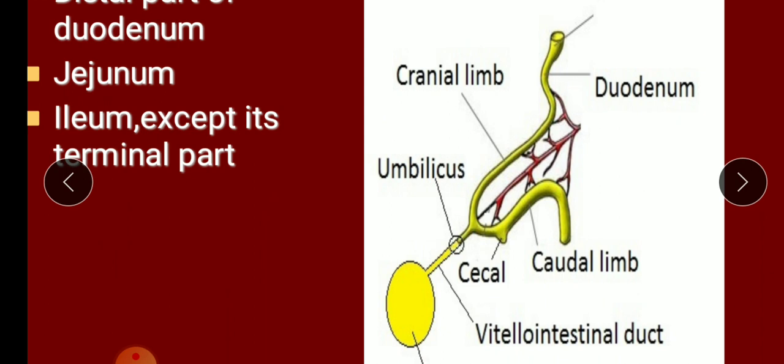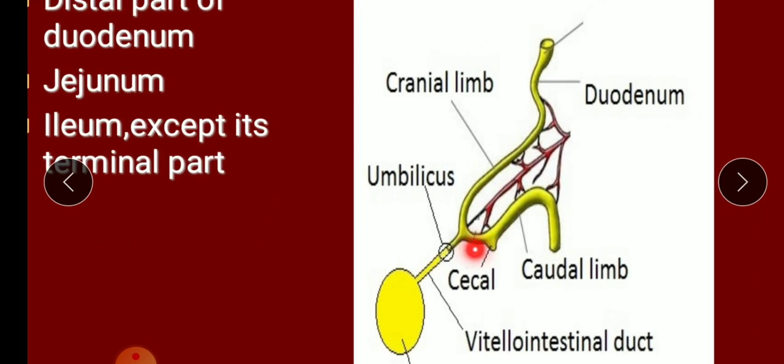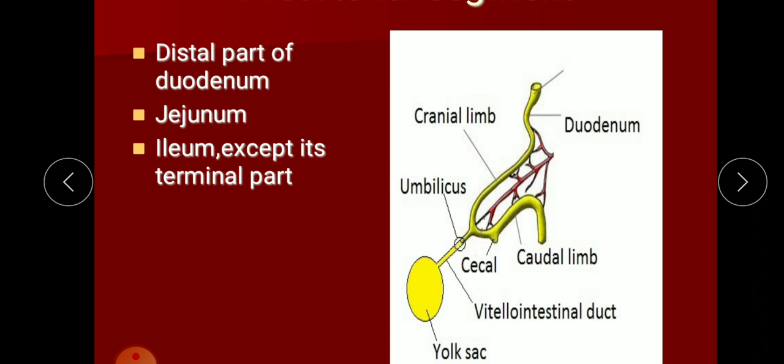No. The terminal part of the ileum, that is very close to cecum and appendix, that part will be derived from the post-arterial segment, that you should remember. Fine. So the pre-arterial segment gives the distal part of the duodenum, jejunum, and ileum, except the terminal part. The terminal part of the ileum will be derived from the post-arterial segment. Is that clear? Fine.